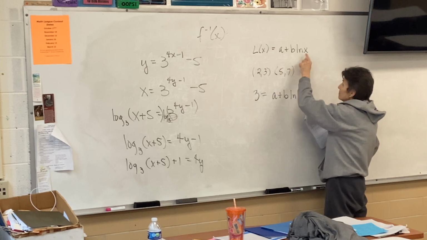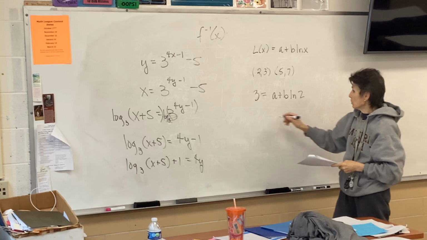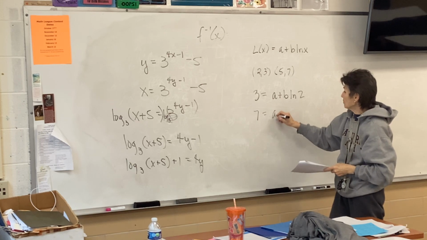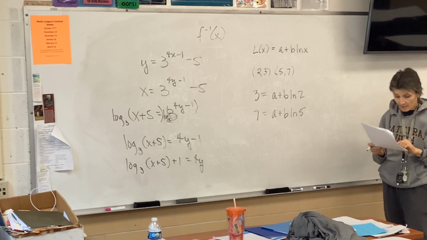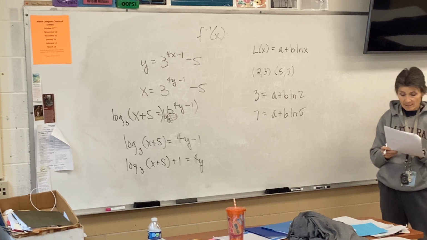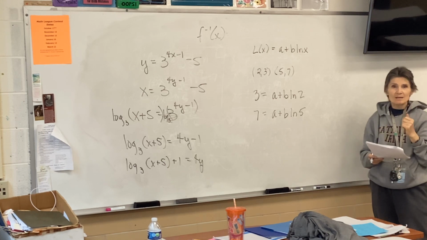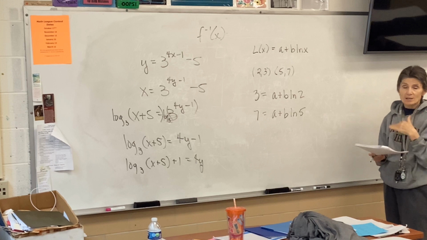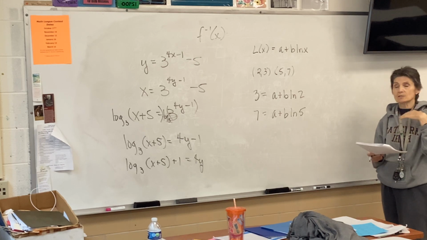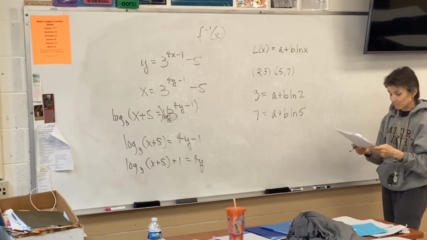That's X. That's Y. And the other equation will be 7 equals A plus B ln 5. So when it says, write 2 equations that can be used to find the values of A and B, there they are. You get your 2 equations by plugging in your X and your Y. Just like we did with our exponentials, just like we did with our quadratics, just like we did with all those things. Plug it in.